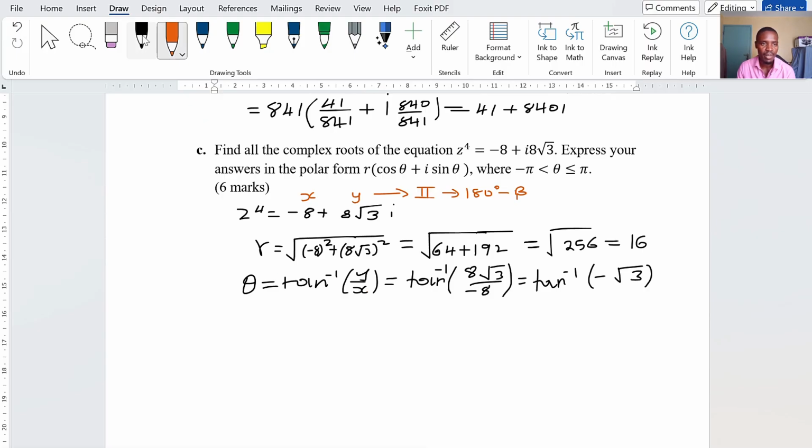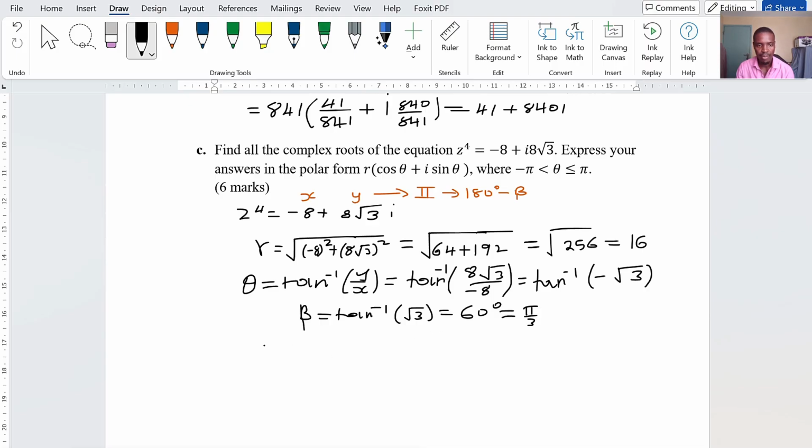So let's get beta and subtract it from 180. So beta is tan inverse of root 3, which is just 60 degrees. You can try shift tan inverse of root 3, 60. And if you like, this can be given as pi over 3 in terms of radians.